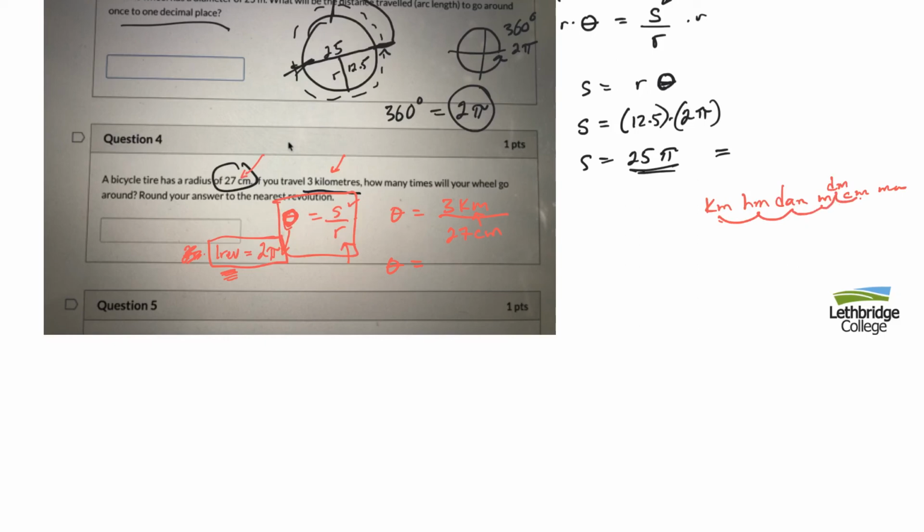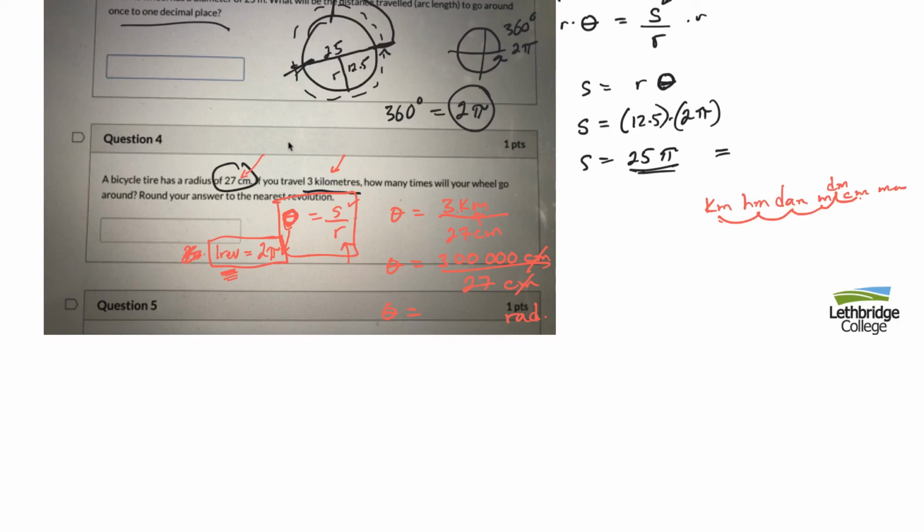So I have to multiply it by 1 with 5 zeros, or move the decimal 5 places to the right. So that'll be the same as 3, and then I've got to put in 5 zeros, and that will be centimeters divided by 27 centimeters. So the centimeters will cancel, and this will give me my angle measurement in radians.